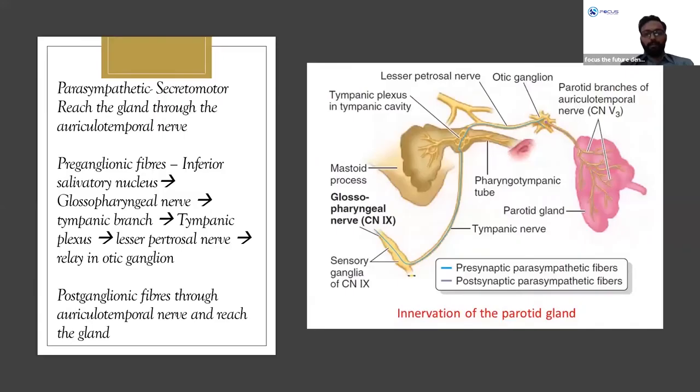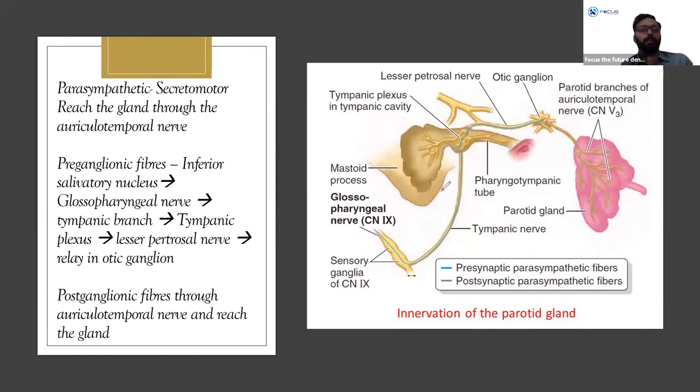So parotid. Now come to the supply of the parotid. Now what did we say when we talked about the submandibular gland? We said that the nerve supply is from the superior salivary nucleus. Now what is happening here?